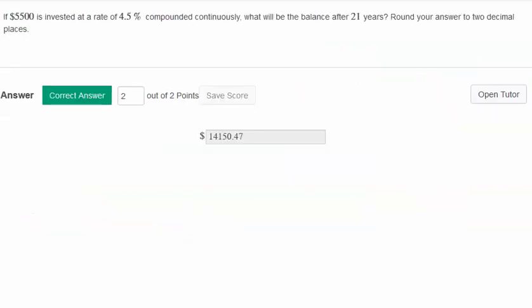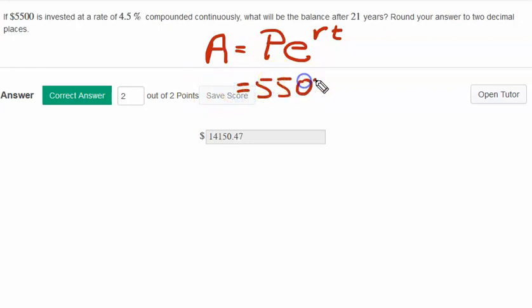In this example, again, pause, think of the formula. Future amount equals the principal, Euler's E, raised to the RT power. Substitute 5,500, Euler's E, caret, in parentheses.